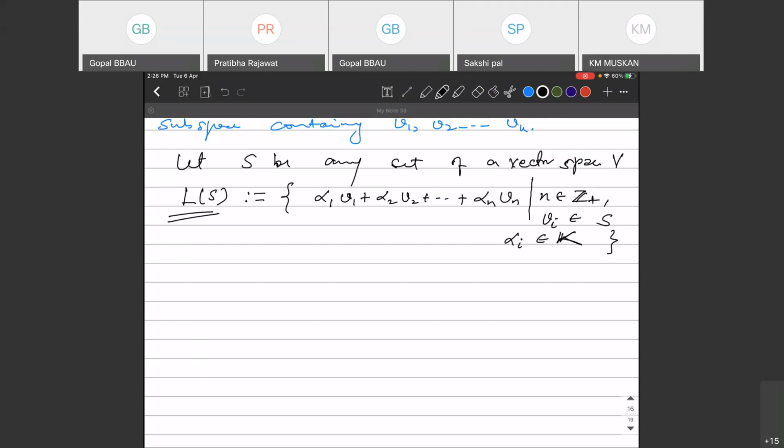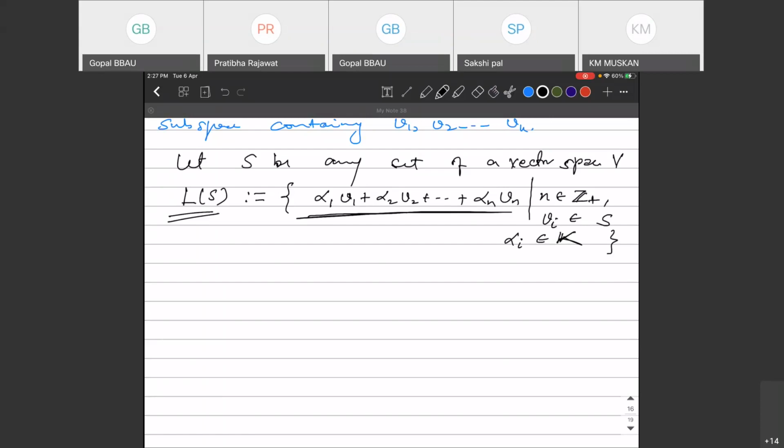Okay. So you may ask why we are not considering the infinite sum. Here we are taking only finite sums. It may be the case that S has infinitely many elements, but we are not considering the infinite sum. Correct? No one of you asked this question, so let me answer it first.